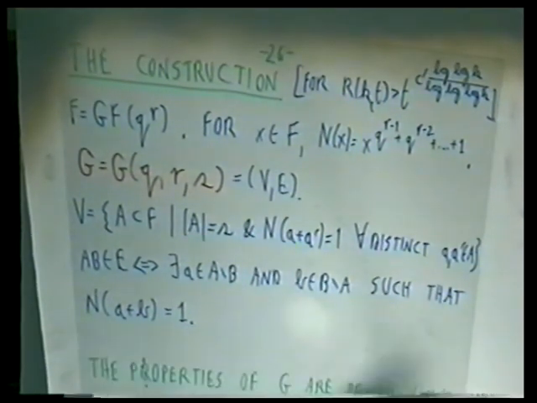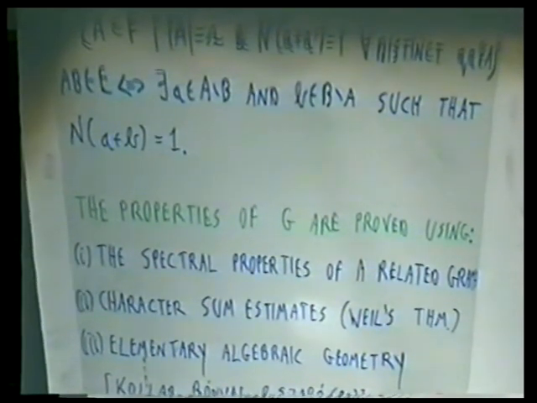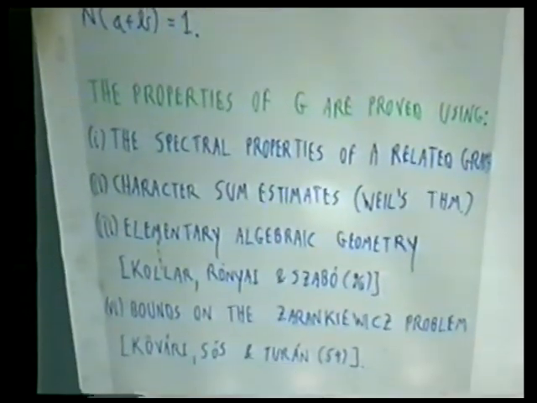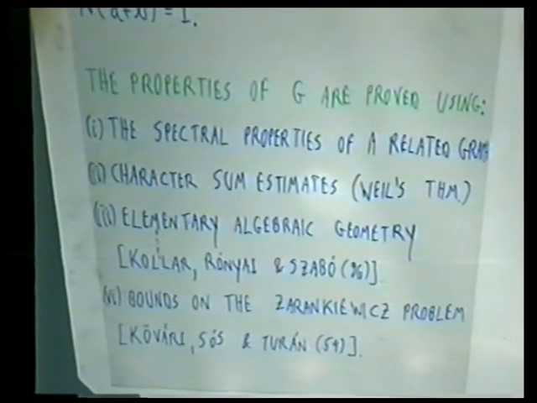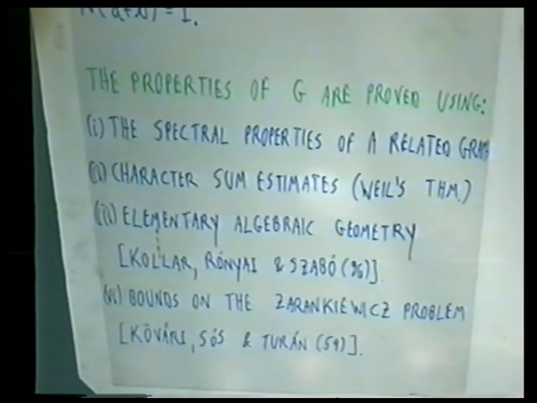I'm not going to go into it, but what is used in the proof is the following. You have to use some spectral properties of some related graph. You have to use a character sum estimate, basically Weil's theorem, the Riemann hypothesis for curves. Then you have to use something from elementary algebraic geometry, which was done by Kollár, Rónyai, and Szabó for some similar purpose.